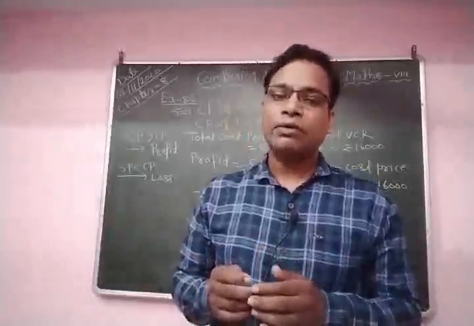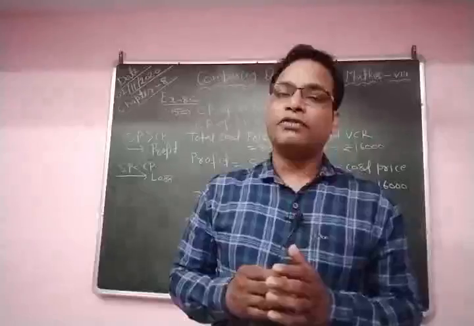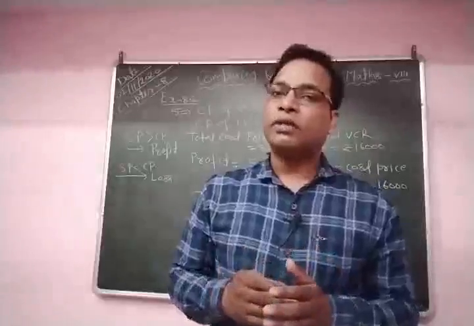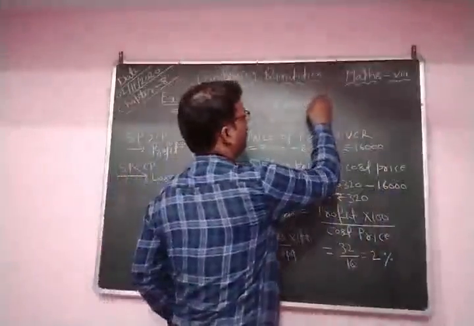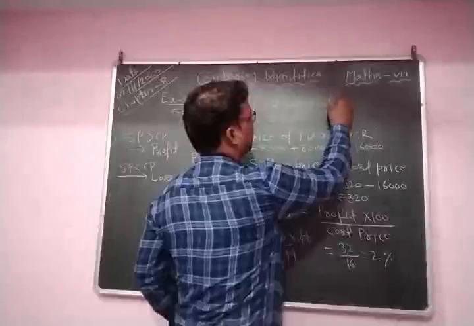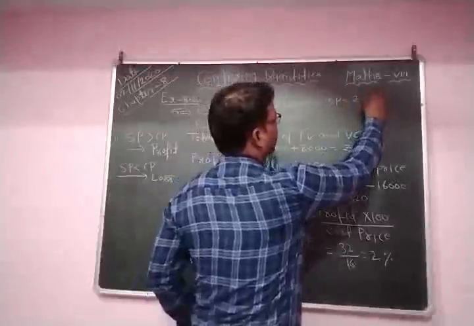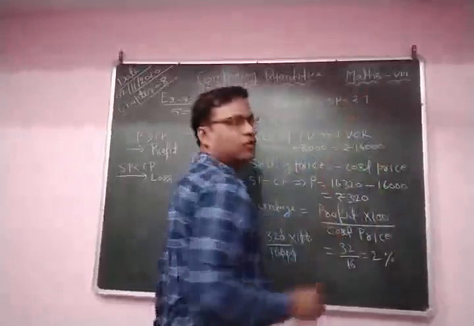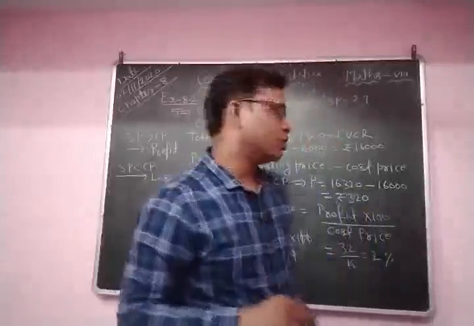Okay, so in this way we find the SP of VCR is equal to 7,680 rupees. Okay, what is the SP of VCR? 7,680 rupees we find here.